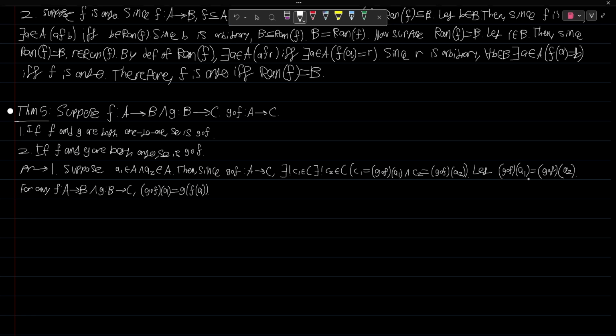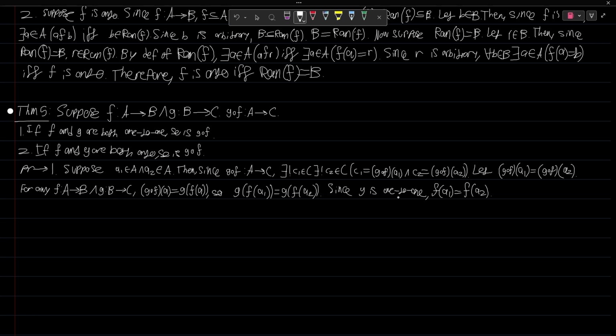Then we let g after f of a1 be equal to g after f of a2. In general, for any f that's a function from A to B and g that's a function from B to C, g after f of a is equal to g of f of a. So in this specific case, this means that since this is true, g of f of a1 is equal to g of f of a2.